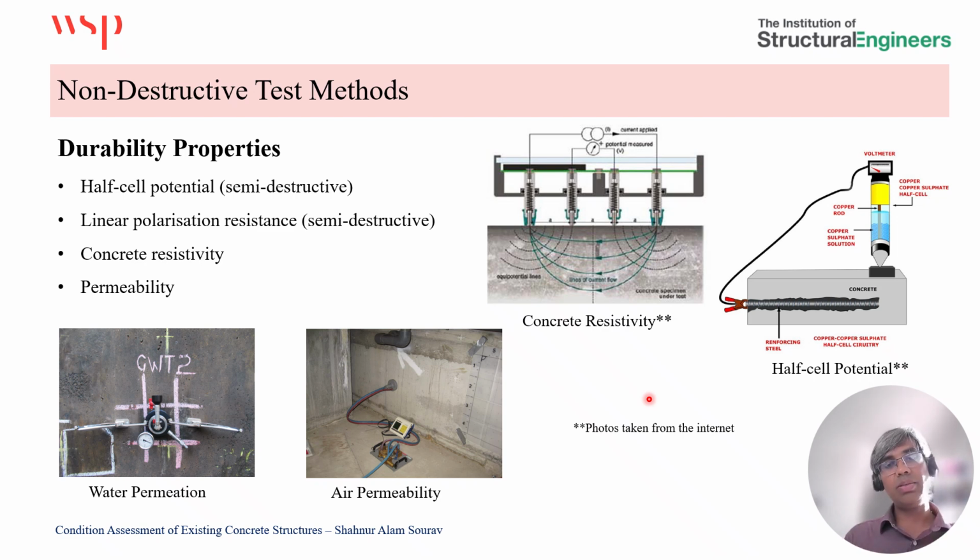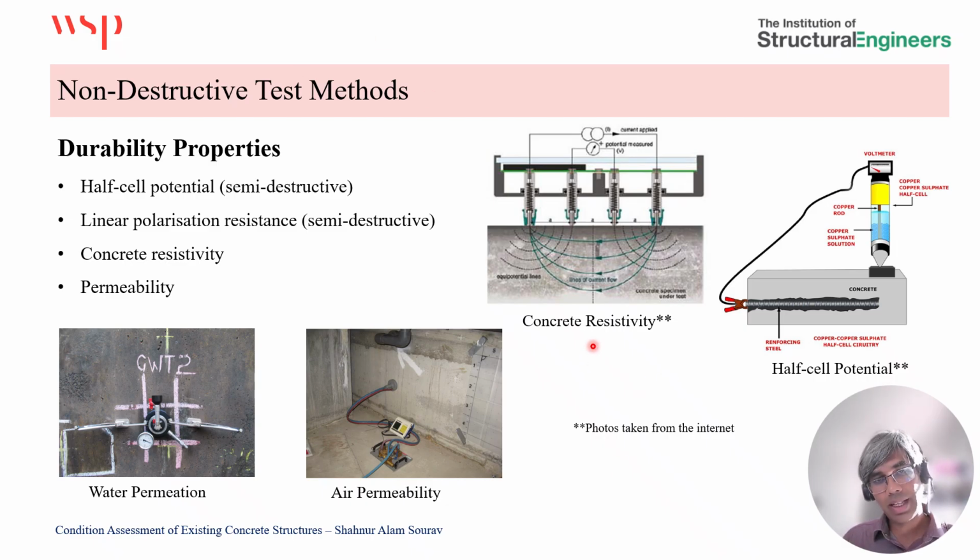This concrete resistivity testing method can be affected by various different factors. One of them is high moisture content, which will ease the flow of current in the concrete. As we have seen previously in one of the slides, in the presence of high relative humidity, the corrosion will also occur at a higher rate.